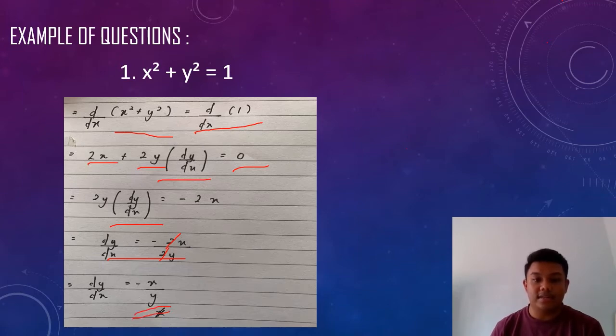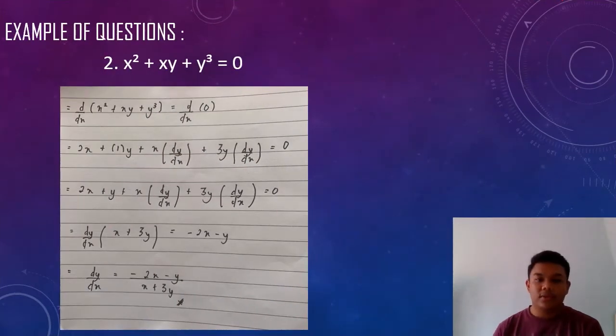So there's another example. The second example is x squared plus xy plus y cubed equals 0. What we're going to do is the same: we differentiate both sides. Differentiating x squared becomes 2x. For xy, we use the product rule because there are two unknowns multiplied together.